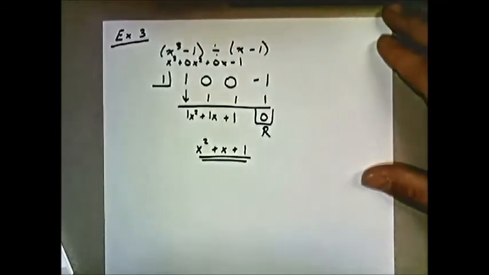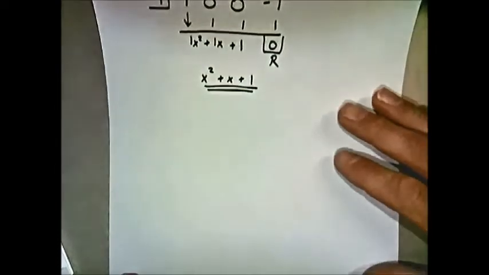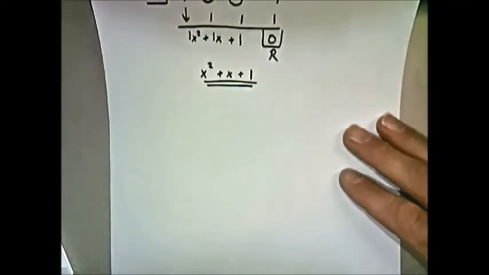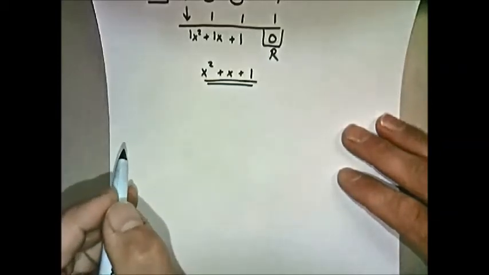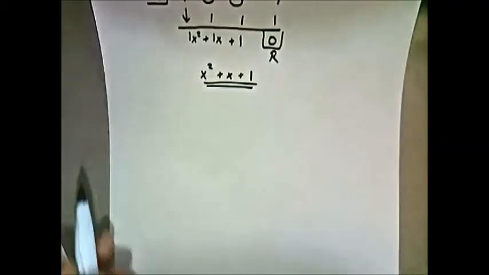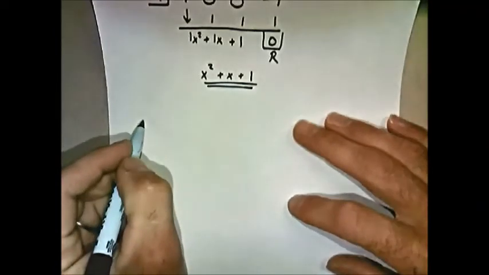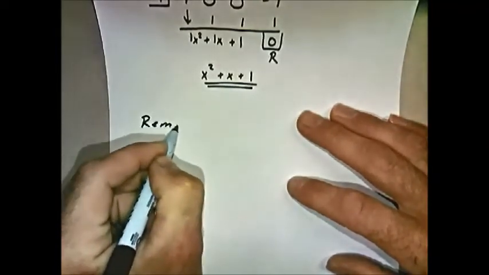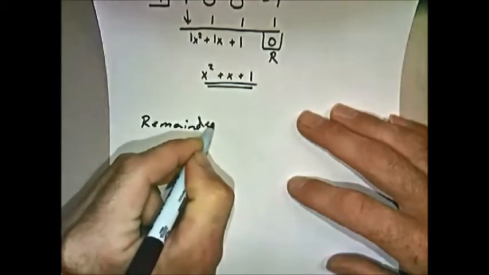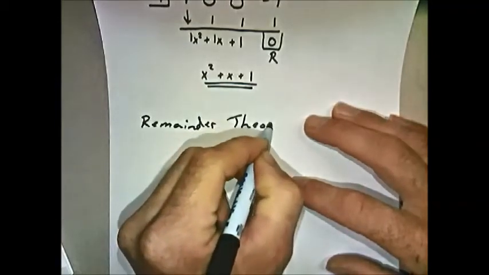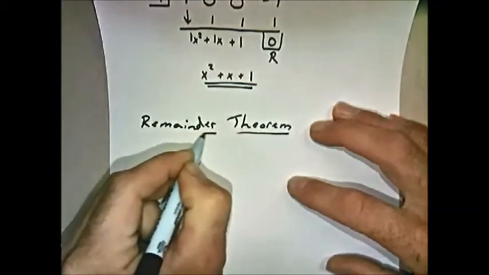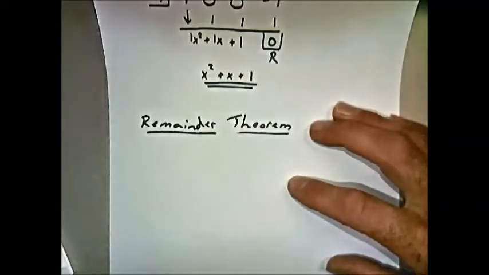Now, another useful reason that we look at synthetic division is called the remainder theorem. The remainder theorem is a nice way of being able to find the value of a function.